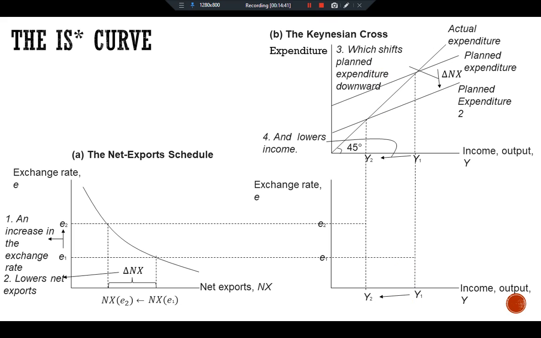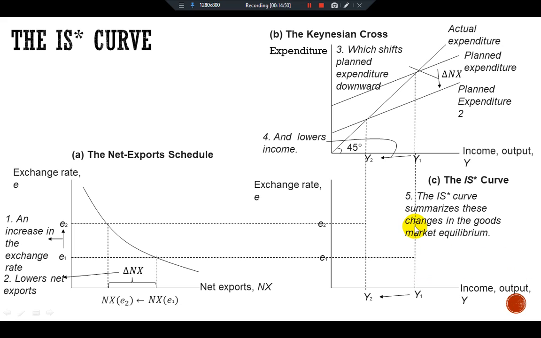By joining this point and this point, we get the IS star curve. The IS star curve summarizes these changes in the goods market equilibrium.